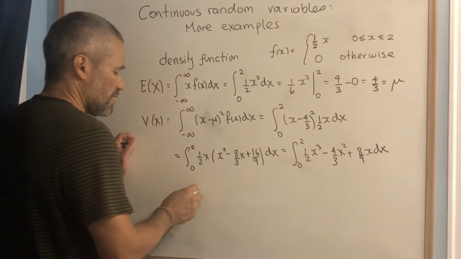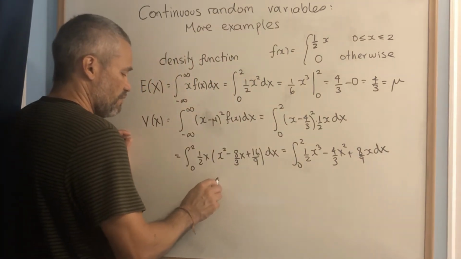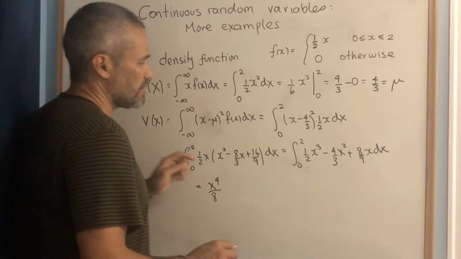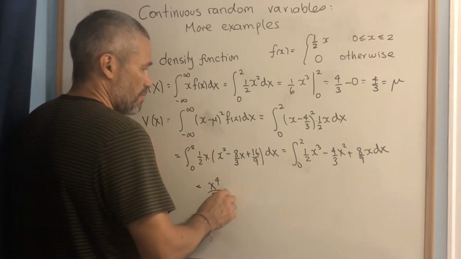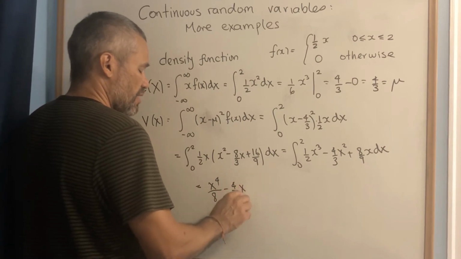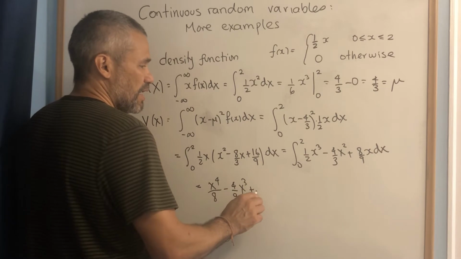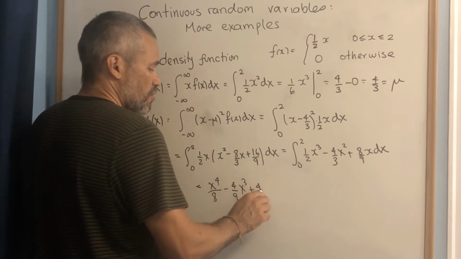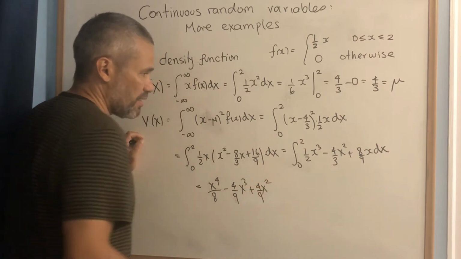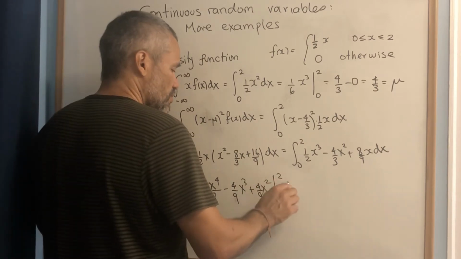And this is x to the 4 over 8 minus 4/9 x cubed plus 4/9 x squared from 0 to 2.